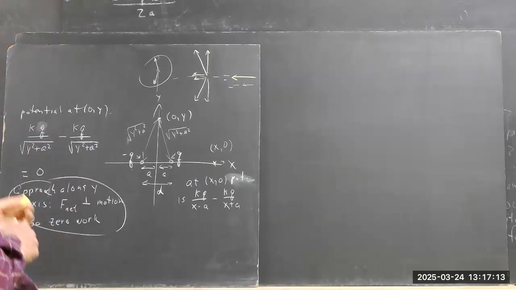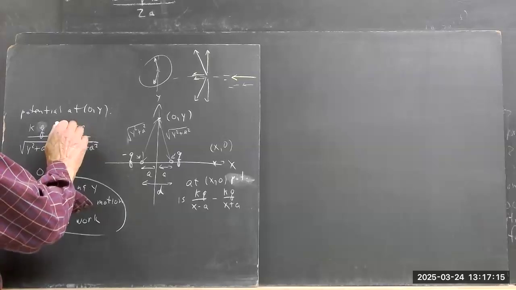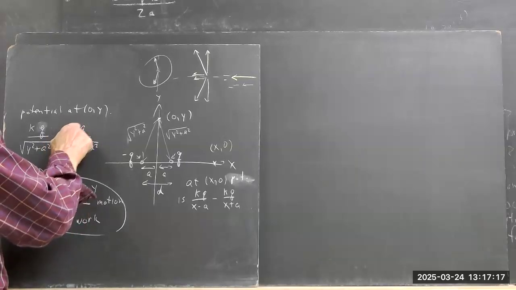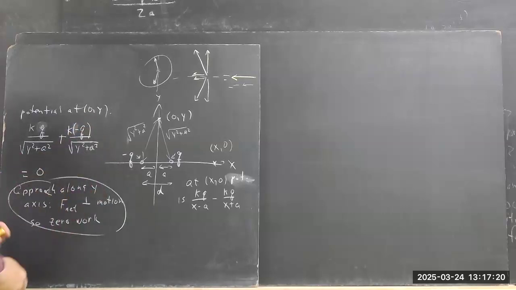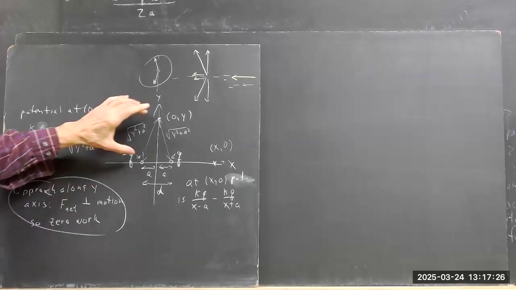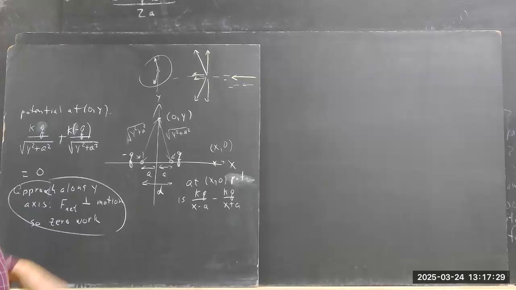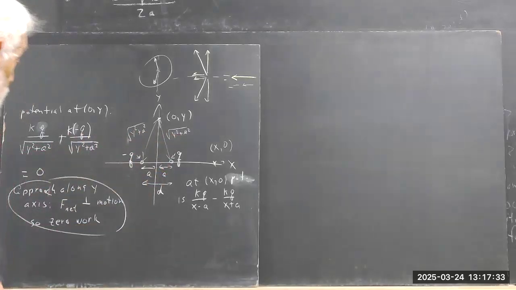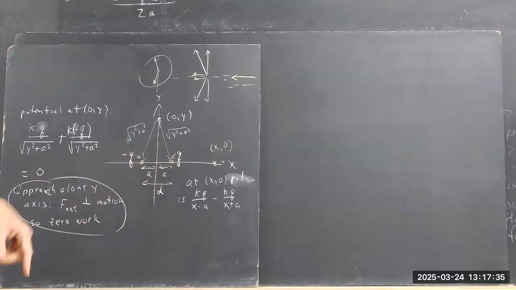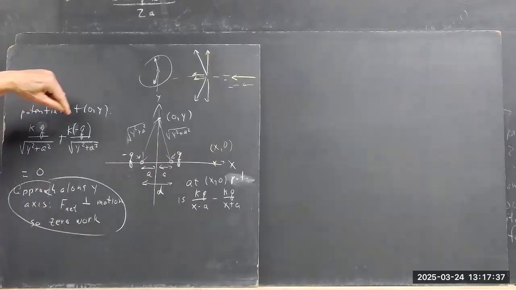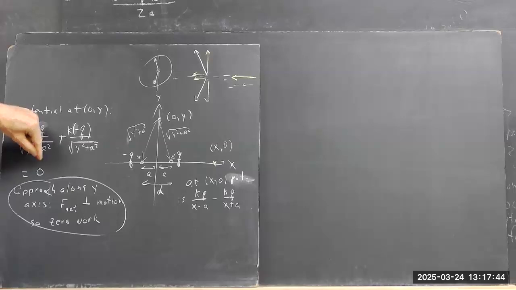If we want to make this really explicit, just to be really careful, the distance is the same, there's a symmetry here. The distance is explicitly the square root of y squared plus a squared. The charges are opposite, so we're going to have a kq and a k times minus q. And it's obvious then that these two add up to 0.